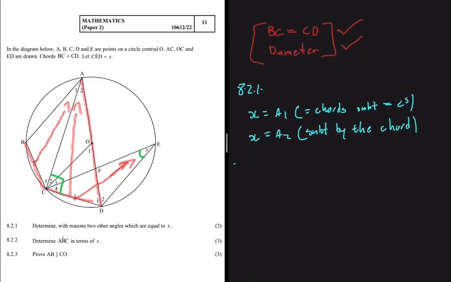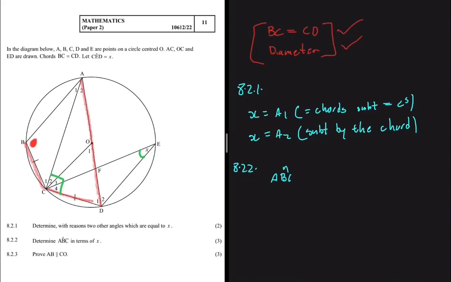We can now do 8.2.2. It says to determine the size of angle ABC in terms of x. Let me clear these lines that I've drawn here so that we can have a bit of clarity. We want the size of angle ABC, here. Again, we should be able to find it just by sticking to the basics and the keywords we have.